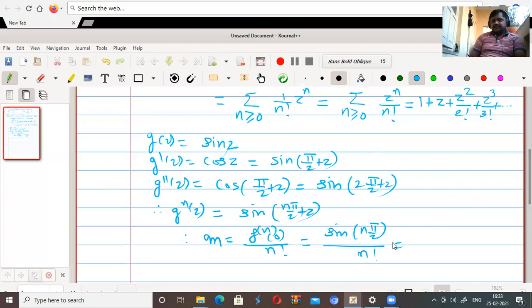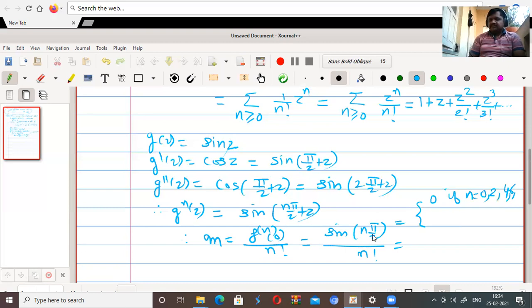Then sin 3 pi by 2 is minus 1. sin 4 pi by 2 is 0. So sin n pi by 2 is 0 if n equal to 0, then n equal to 2, n equal to 4, 6.